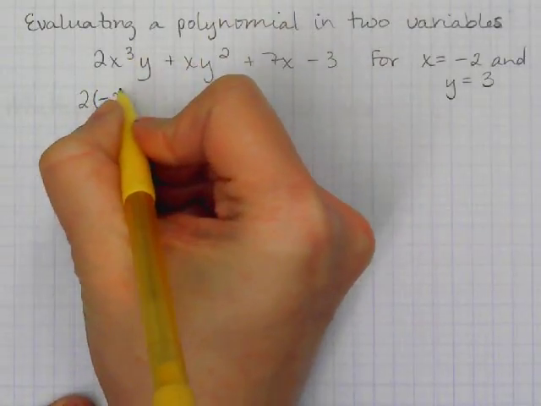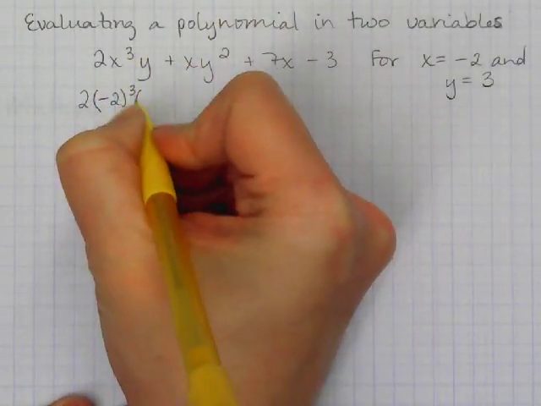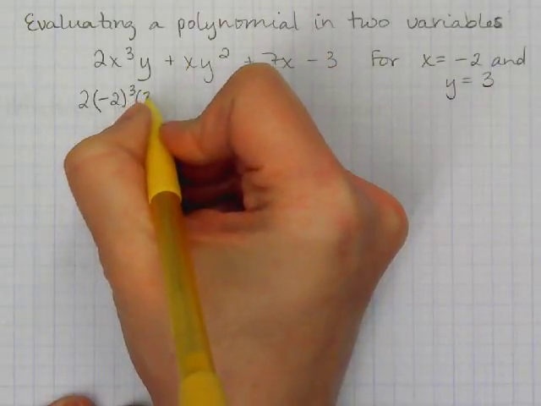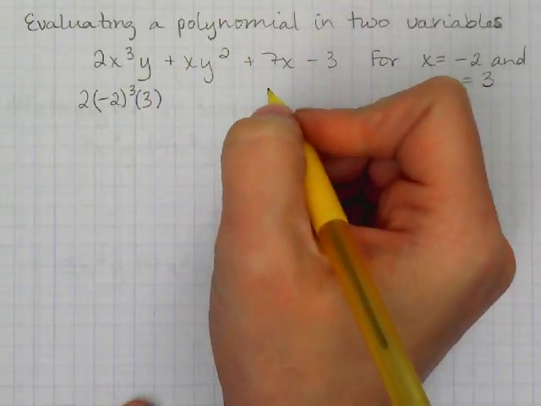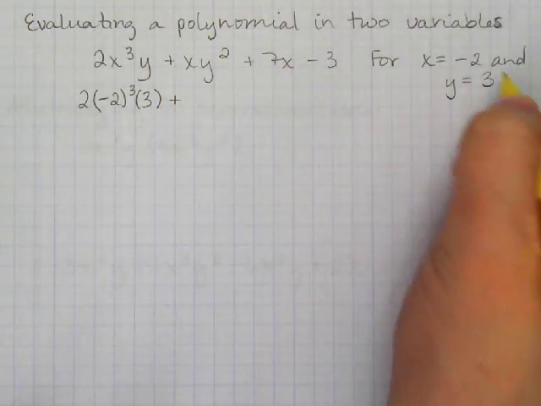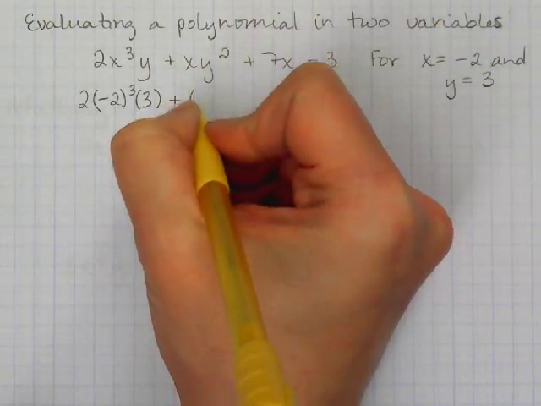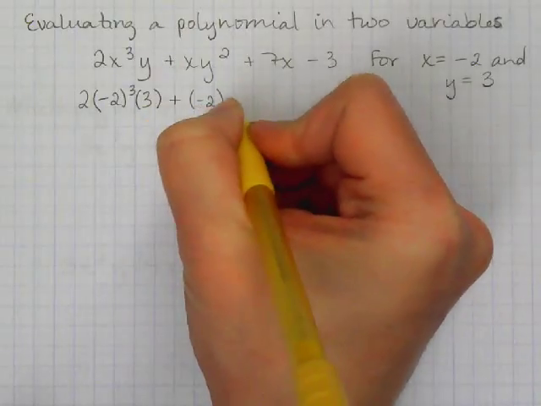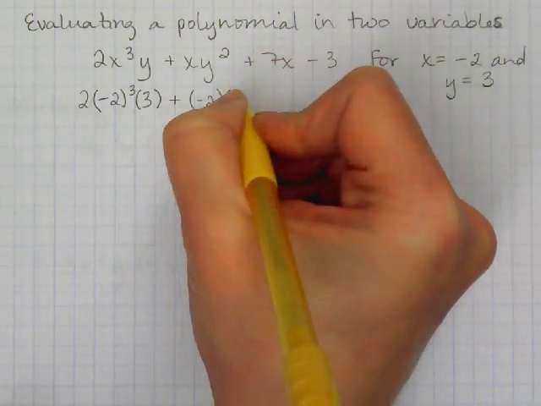Sorry. So when I look at the exponents, negative 2 to the third power is negative 2 times negative 2 times negative 2. So what is that? Positive or negative 8? Negative 8, because it's 3 negatives.